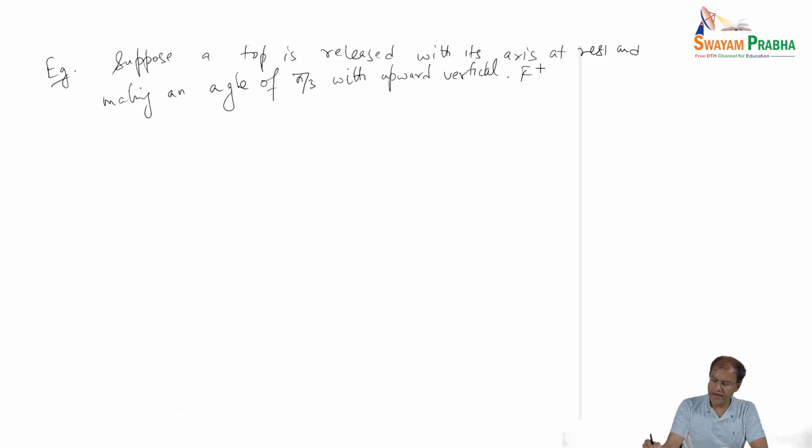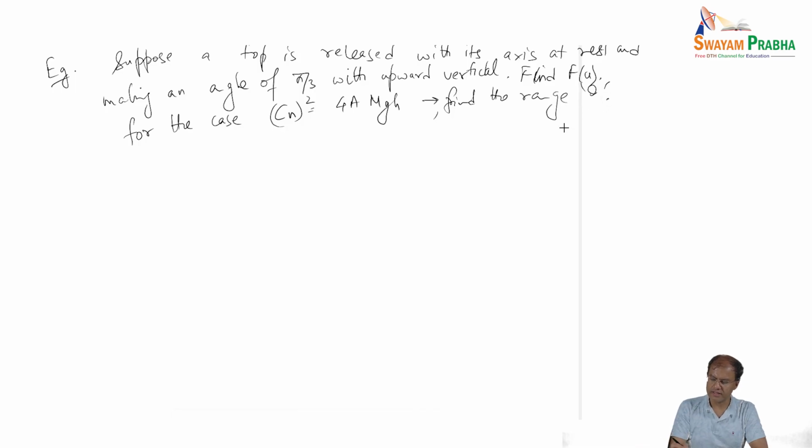So we have to find f of u, and for the case Cn whole square equal to 4amgh, we need to find the range of theta, the nutation range, right?